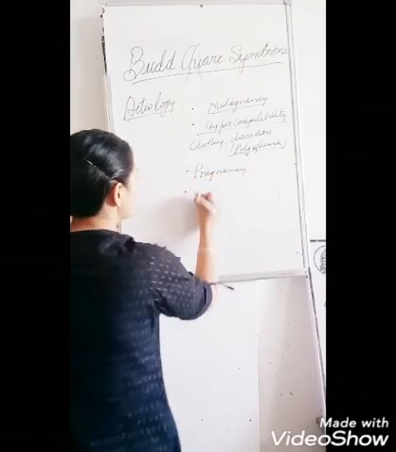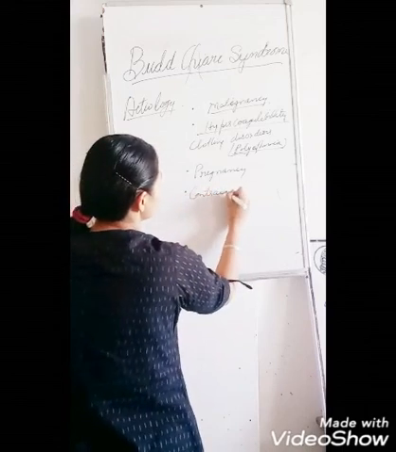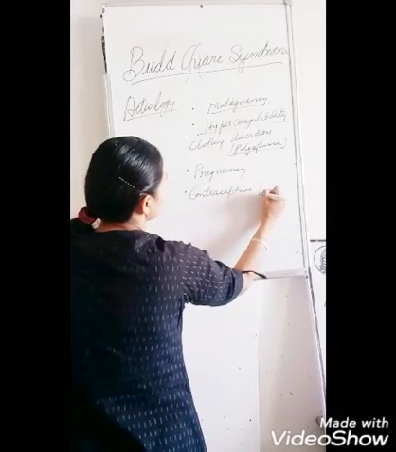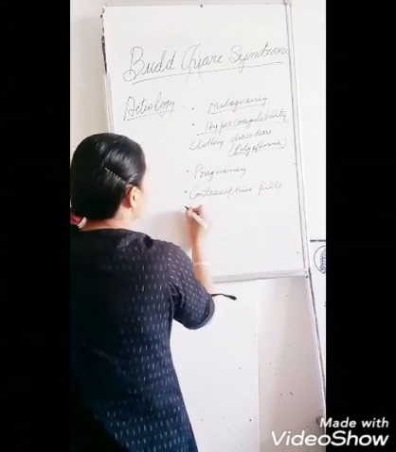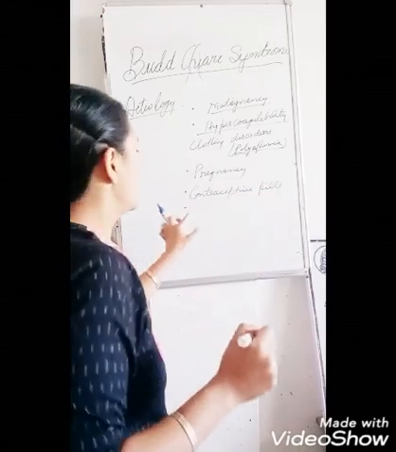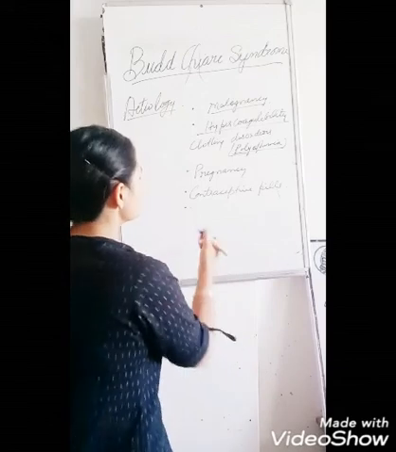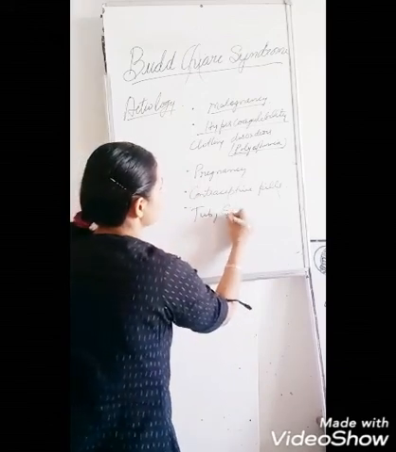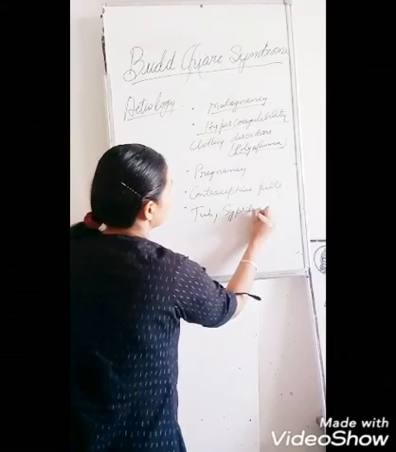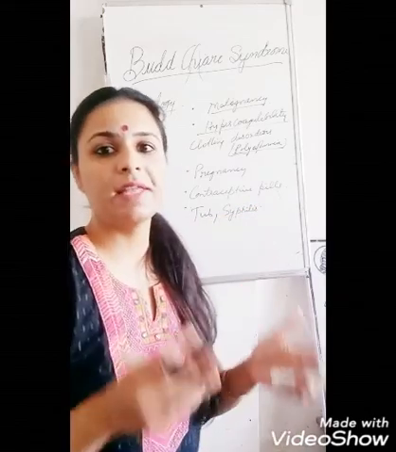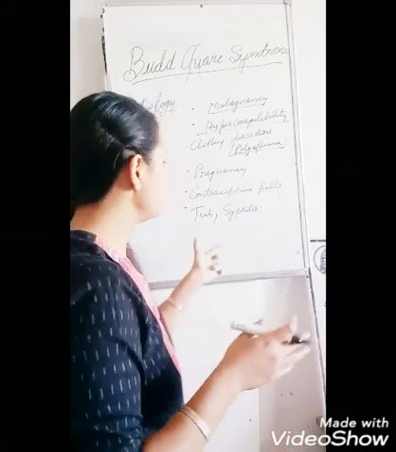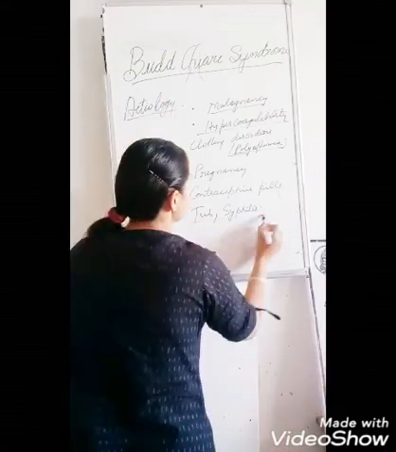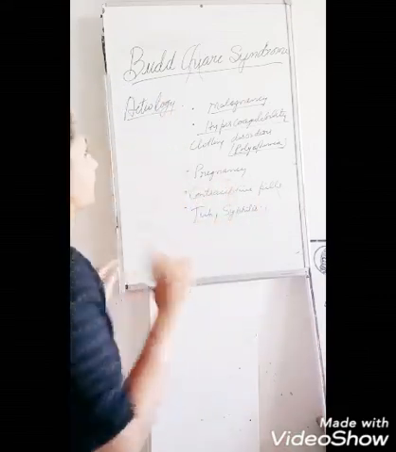or if the patient is taking contraceptive pills. Infections can also lead to Budd-Chiari syndrome, infections like tuberculosis, syphilis, then hydatid cyst, liver abscess or pelvic abscesses.